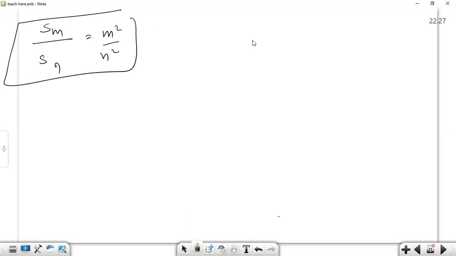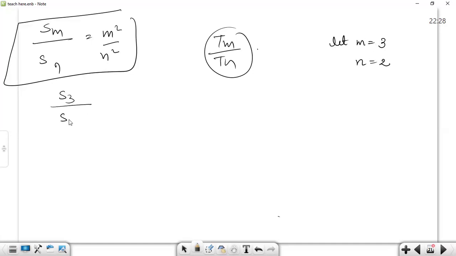This is an AP, right? We have to find the terms ratio. So simply let m equal 3 and n equal 2. Okay, simply just let it. The ratio of the sum of 3 terms to the sum of 2 terms should be 9 by 4. Cool.